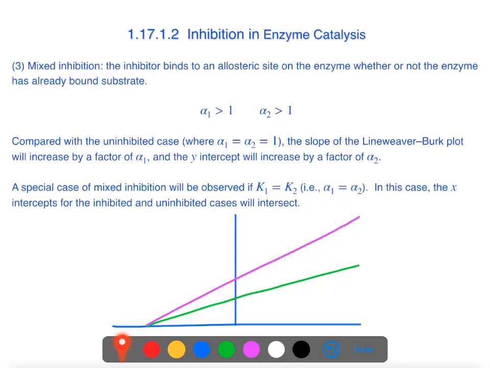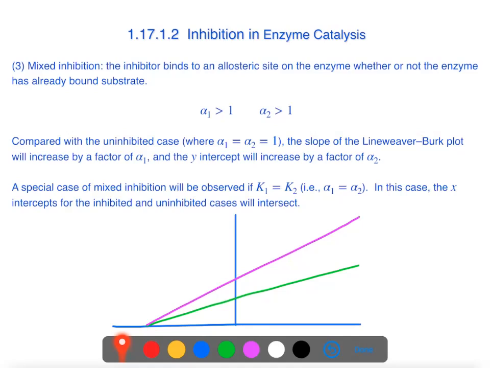So we can see from our diagram below that we would expect to see a difference in the slope. That is, you can see that the slope is increasing in the inhibited case relative to the uninhibited case. In addition, we see an increase in the y-intercept for the inhibited reaction as opposed to the uninhibited reaction.